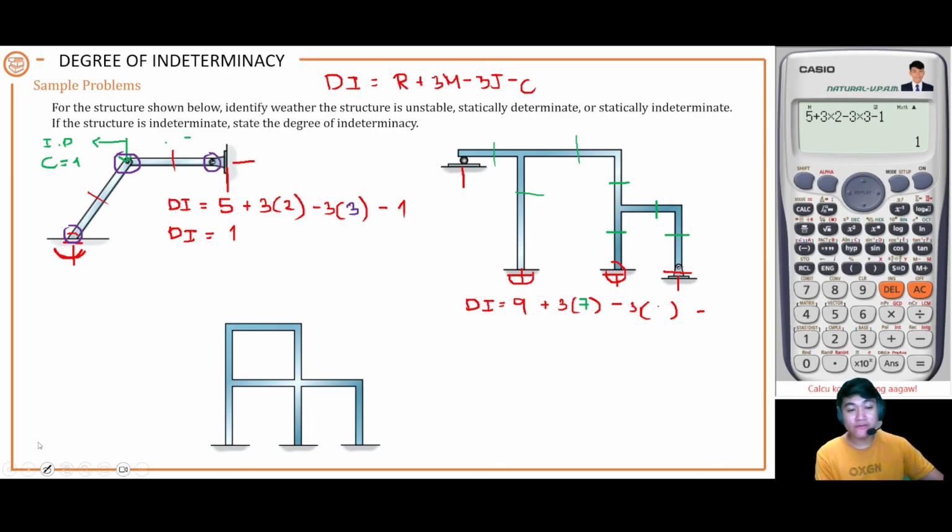How many joints? Including this one, 1, 2, okay, 3, 4, 5, 6, 7, and 8 joints. How many special conditions? Technically, we don't have any internal hinge, internal roller, or internal glide.